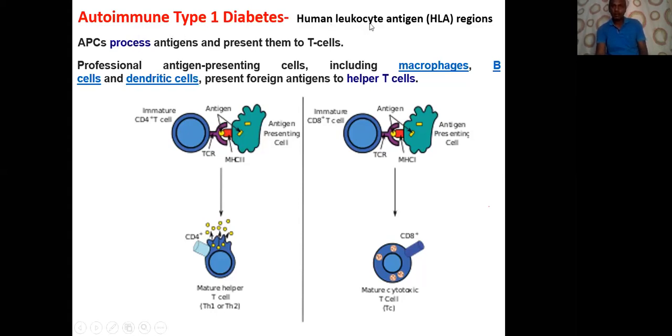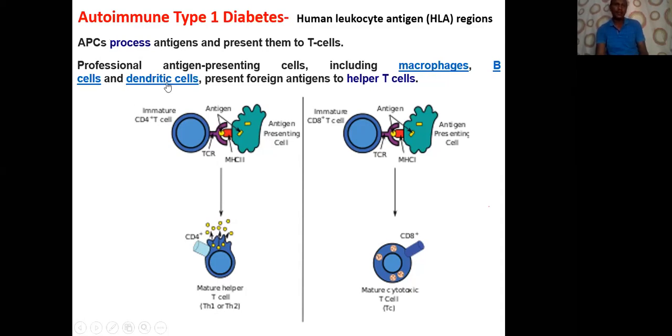Here, human leukocyte antigen is the region in the chromosome which causes the generation of antigen presenting proteins and antigen presenting cells. There are different types of antigen presenting cells.